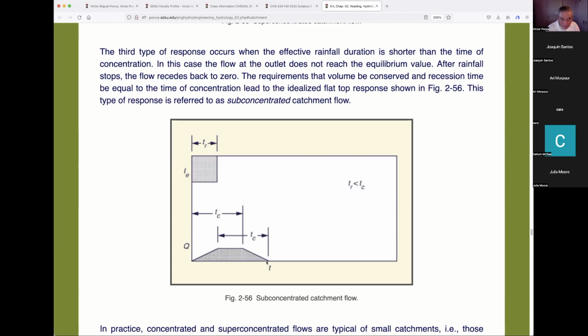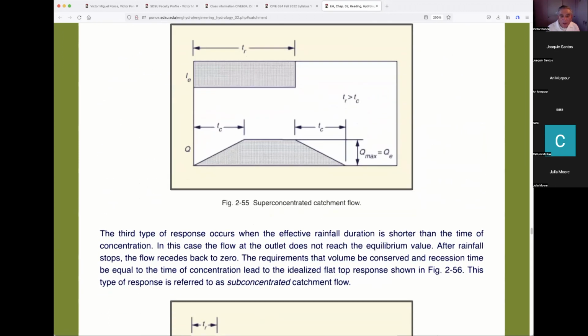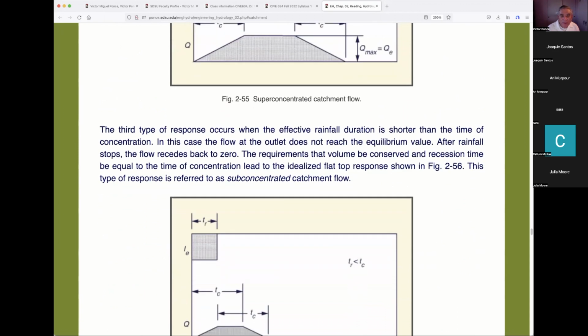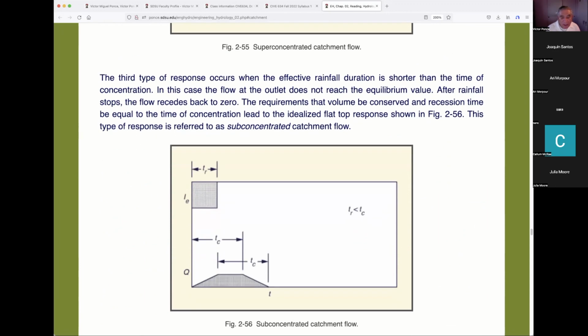When Sherman all but invented the unit hydrograph in the year 1932, I said all but invented because some people have argued that he didn't. But anyway, he ran with the credit. Sherman invented the unit hydrograph. That's what most people say. He was a big hydrologic engineer of the times. These were the times where many dams were being built in the United States, and I am sure Sherman participated in a lot of projects as the hydrologist of record.